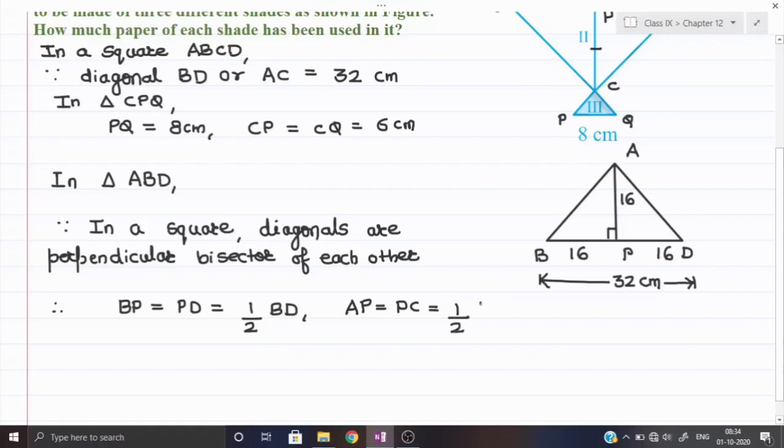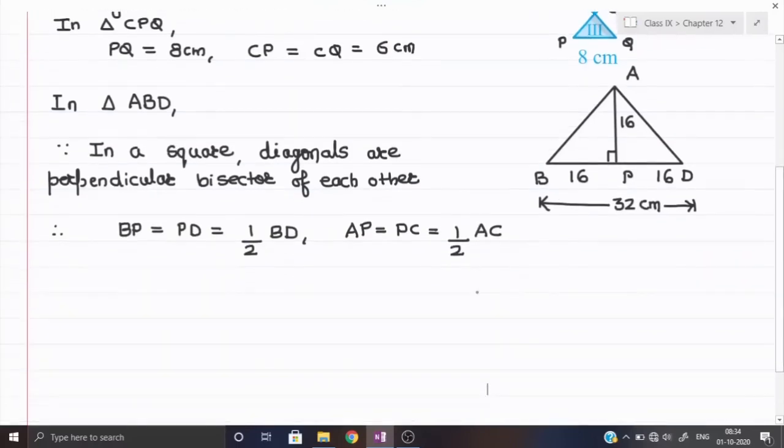Now both the diagonals are equal to 32 centimeter. So the value of half of the diagonal will become 16 centimeter, which implies that BP is equal to PD is equal to 16 centimeter. Same way the value of AP and the value of PC will be equal to 16 centimeter.